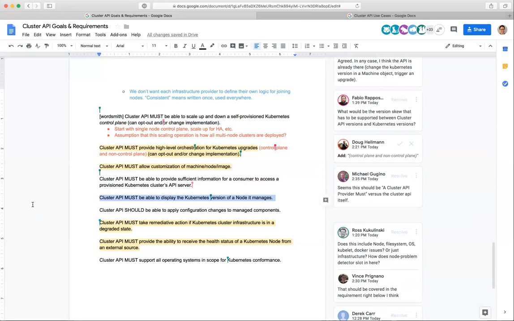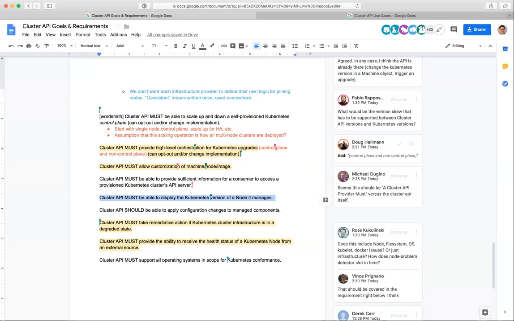I don't think so. It just basically enhances that there's generally an implicit machine to node linkage, or whatever that ends up looking like. But this is more than just kubectl get node. There's a machine or some cluster API data type that we want to be able to look at and figure out what version that machine is running.